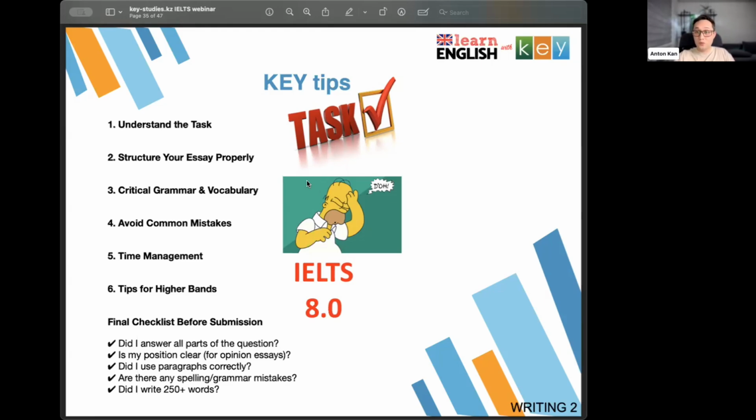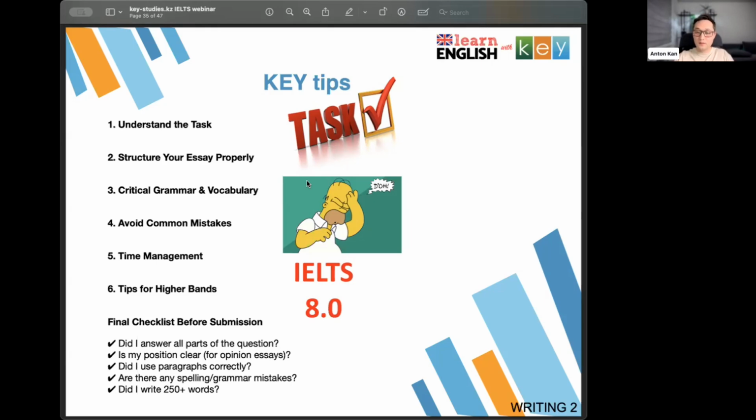In conclusion, in most cases, you have to restate your position for opinion essays or summarize some main points without adding any new information. So conclusion is not for new information. You need to use complex sentences and academic vocabulary.